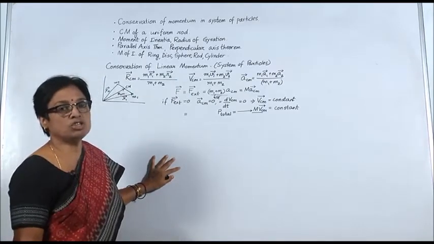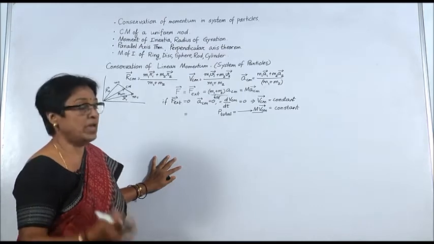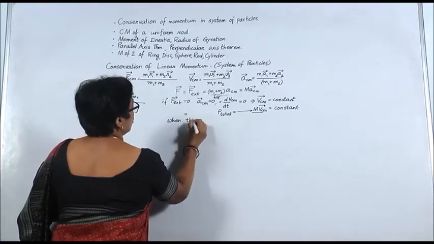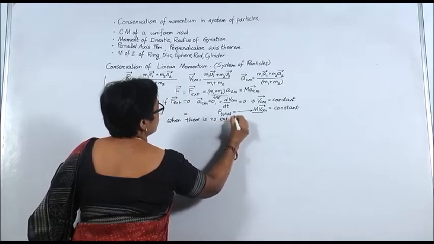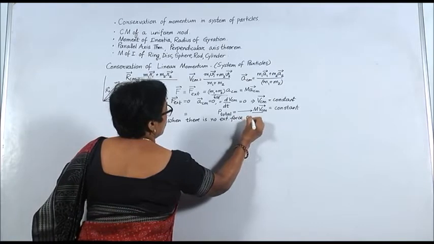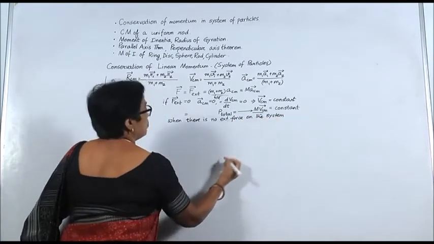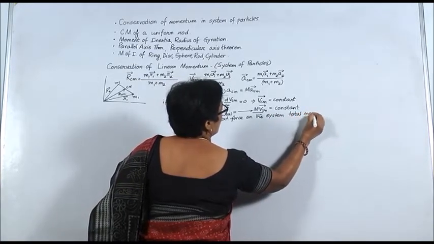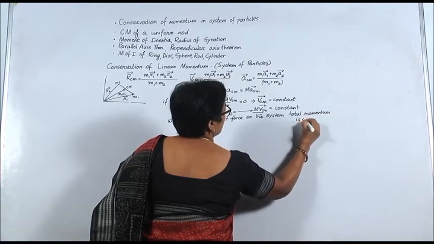So, this is our conservation of linear momentum for a system of particles: when there is no external force on the system, the total momentum is constant.